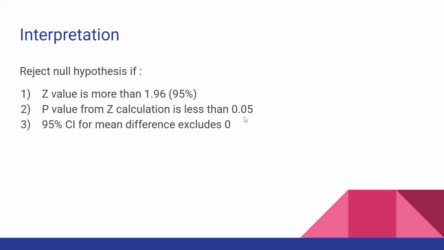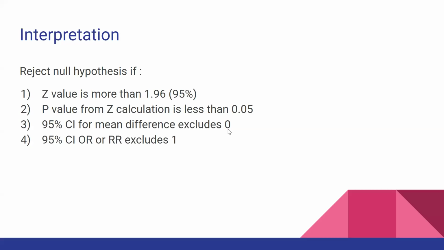The rest, generally in confidence interval, you don't have a null hypothesis that you state, but you reject the concept that those two are equal if the following happens. When you calculate a confidence interval for the mean difference, you're going to have two values. If the two values, when you're talking about two means, do not include zero, you're going to reject it.